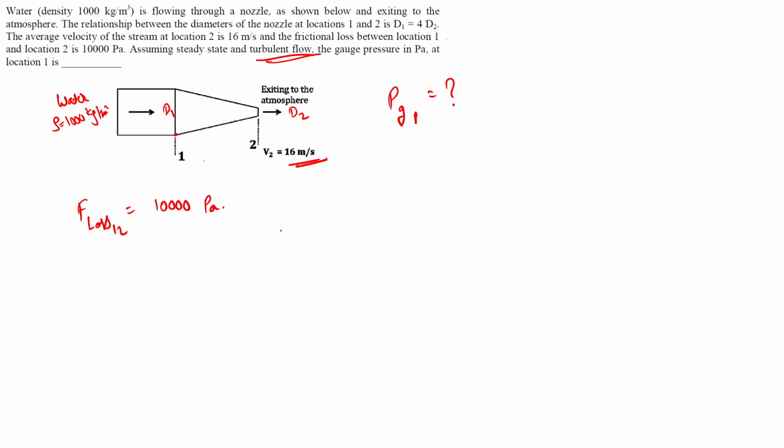So we can use the Bernoulli's theorem to find the pressure at this first point, and then we can just change it to gauge pressure.